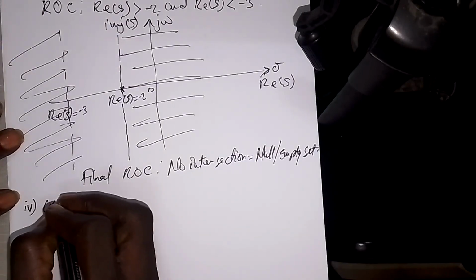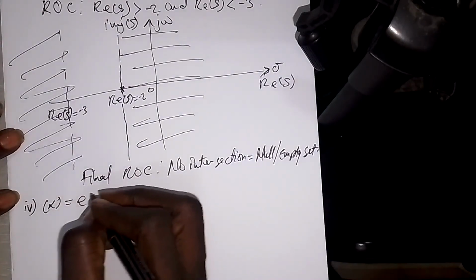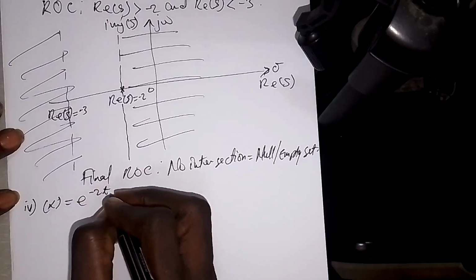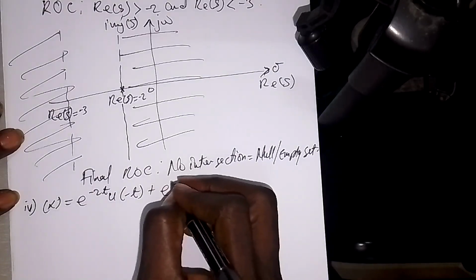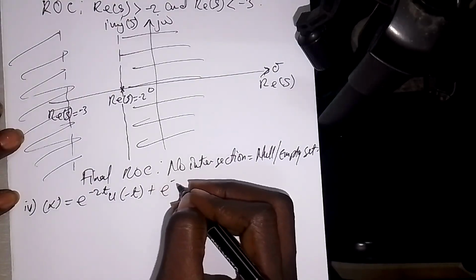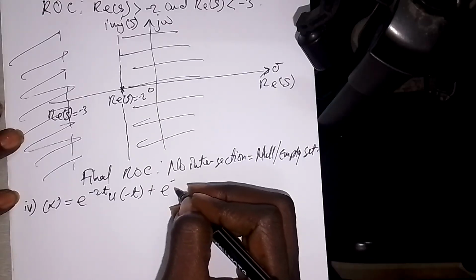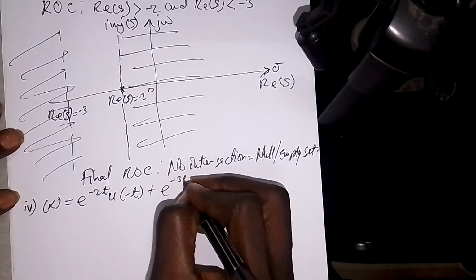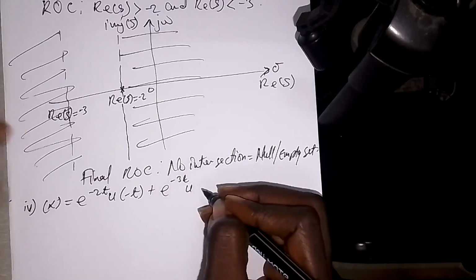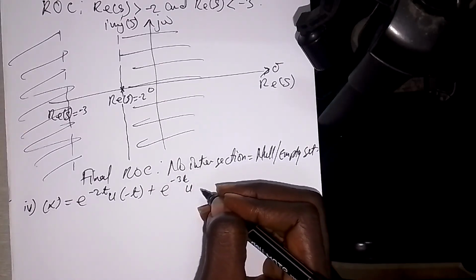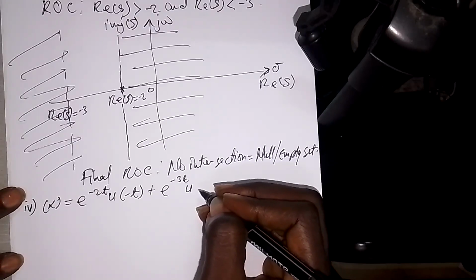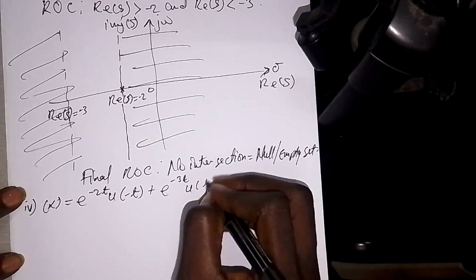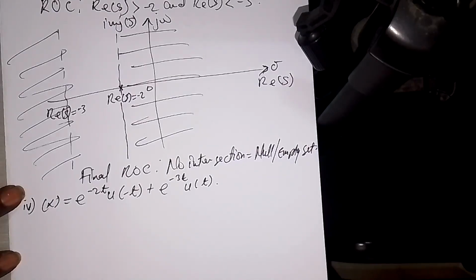What if x of t is equal to e to the minus 2t into u of minus t plus e to the minus 3t into u of t?